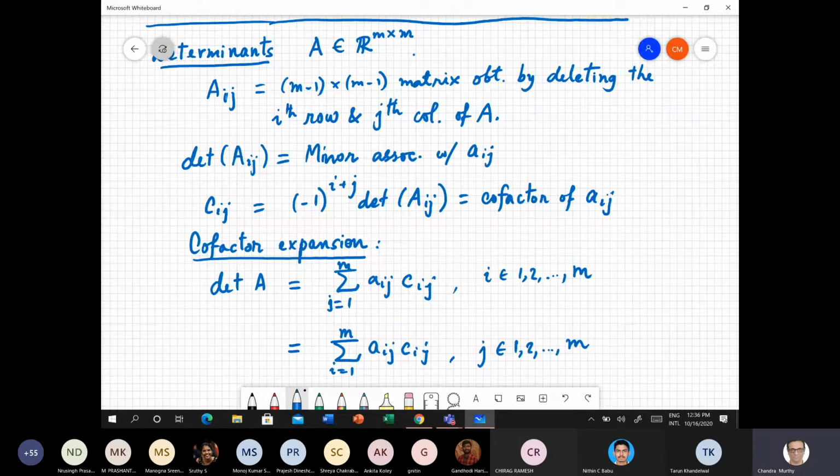So there are basically 2m ways of computing the determinant, and they all give the same answer.